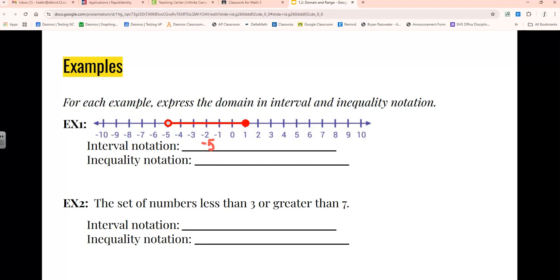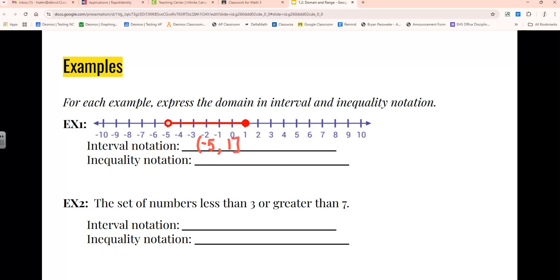If it is an open circle. And the parentheses, perfect. It is not including that -5. So we use parentheses when we're not including it. All right, then I'm going to put a comma. I'm going to put the last number, which is 1, for that. So, Samara, do I need a parentheses or a bracket with that one? Bracket over here.